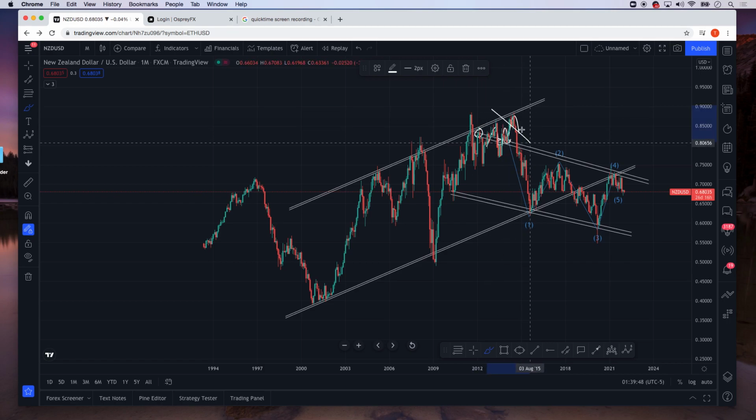This is to me a fake breakout, because price came right back underneath that resistance retest, and it stayed underneath until now. It's still underneath. So as long as this price doesn't get broken, I don't believe that we will see this continue to push higher until this does get broken.